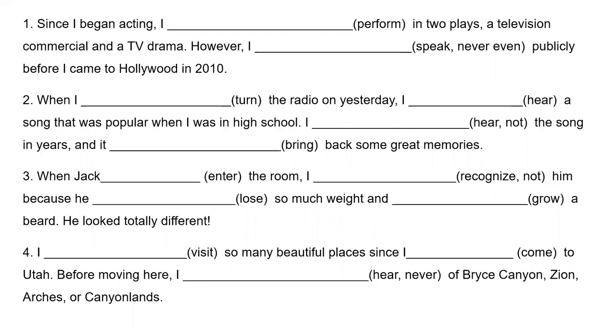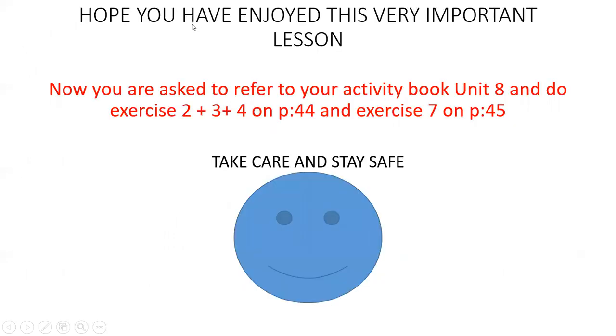So ladies, let's start. Since I began acting, the word since, again, we have an alarm here. The bell is ringing, ding, ding. Since is usually used with a present perfect main verb. Since I began acting, so the starting point is when I started acting. What happened?